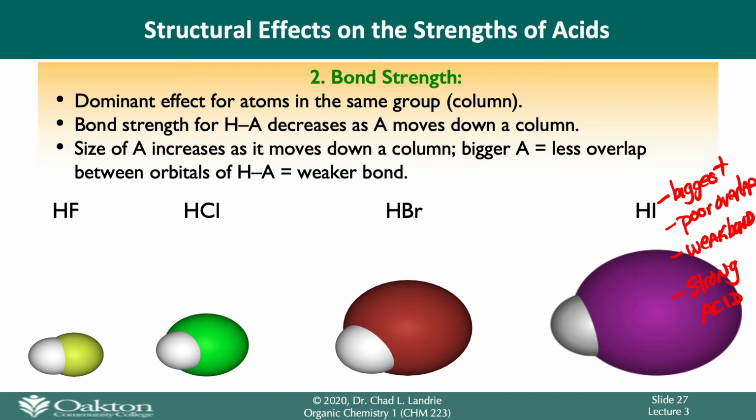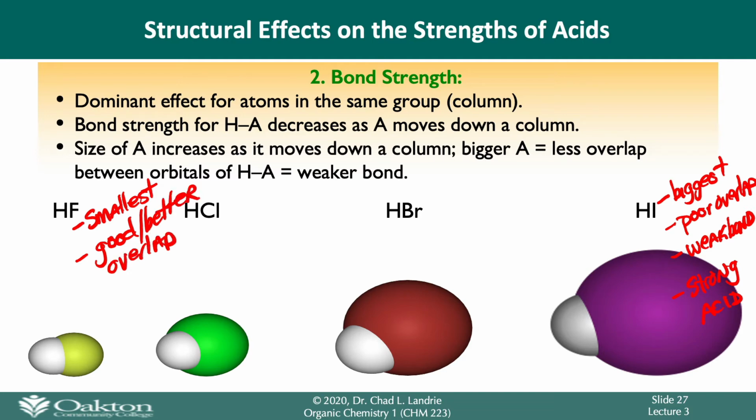All right, if we do that same analysis on the opposite end of this series, fluorine is very similar in size to a hydrogen atom. It's the smallest in this series. And small means good or better overlap. It's always a comparison.